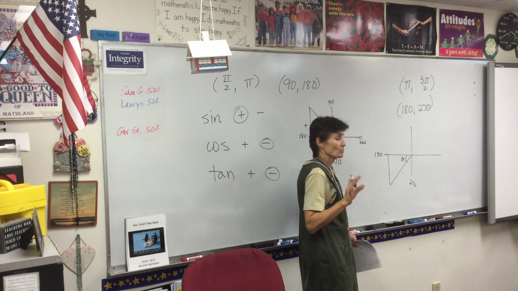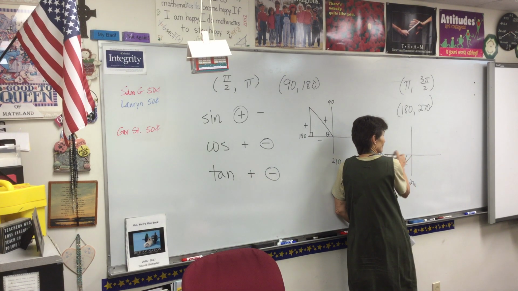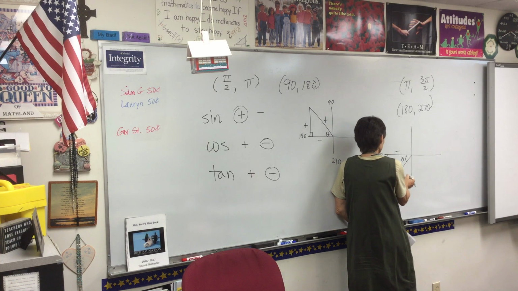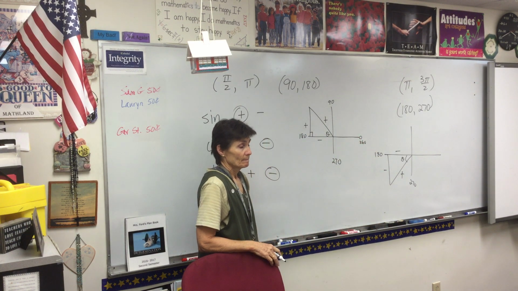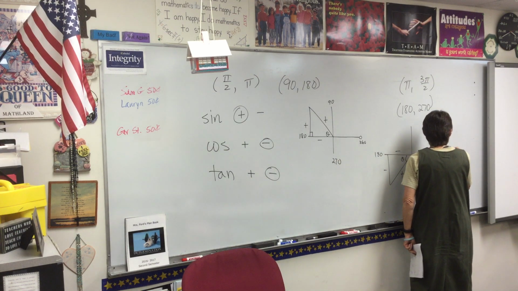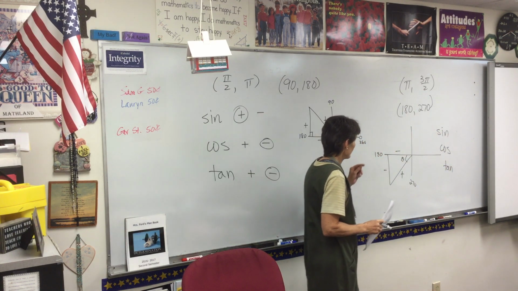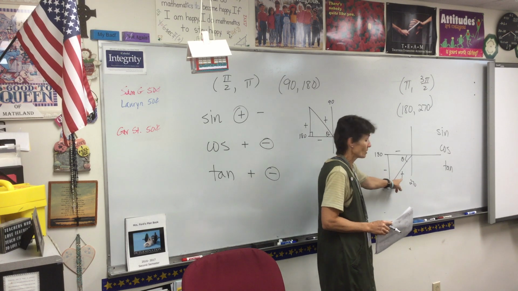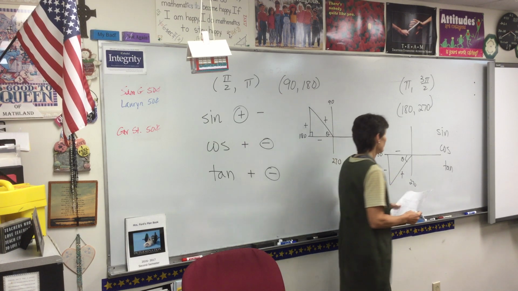Now we know no numbers. We're just looking at pluses and minuses. What do we know about this side? Negative. What do we know about this side? Negative. And the radius or the hypotenuse is always positive. So now we want to know if the sine, cosine, and tangent are positive or negative. So here we go. Sine is opposite over hypotenuse. So that will be negative.